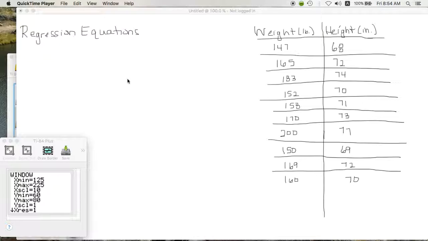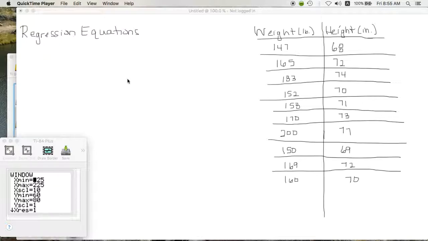Our x is our weight, so I chose to put mine between 125 and 225 so that I had a little flex on either end. I just scaled it at 10 because that way I don't have a whole load of little dots on my x-axis. And then our y min and y max, I put between 60 and 80, again giving me a little flex on either end, and I just scaled that at 1.